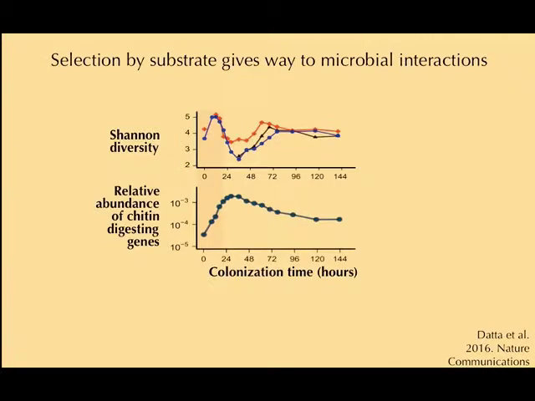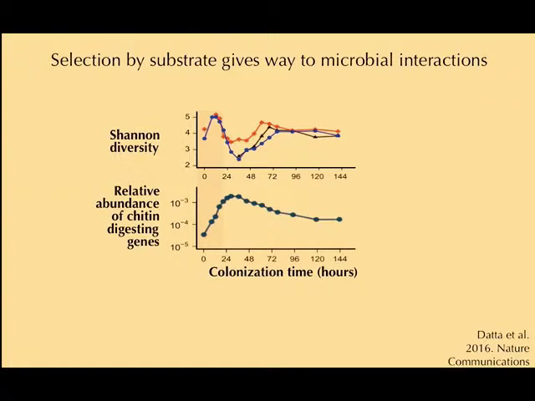Just to wrap this up, this is something I really like. In general, I'm not a big fan of measuring diversity, although I know it's the main thing in ecology, but I tend to find it not very useful. But in this case, I was very surprised. It was my bias, I think, because I felt this was quite informative. So you start at time 0, diversity increases because things are colonized. That makes sense.